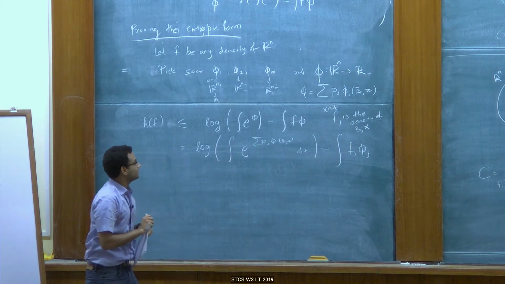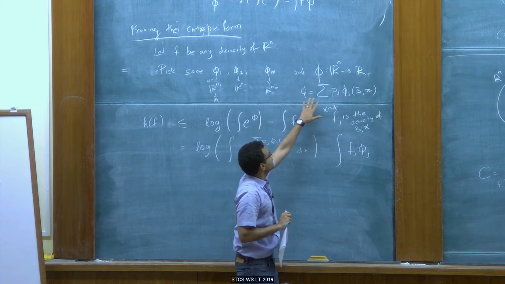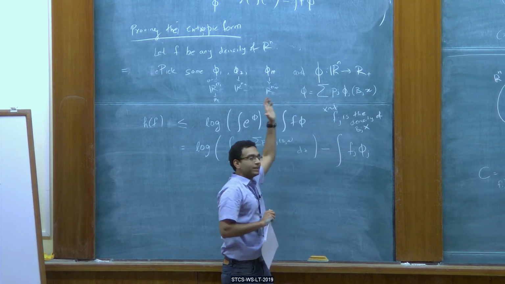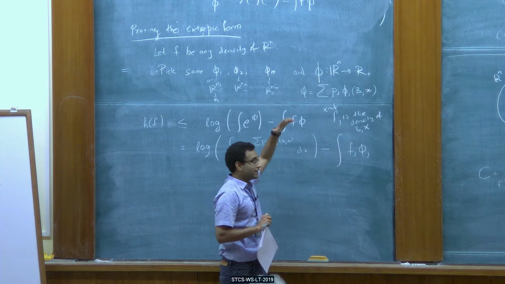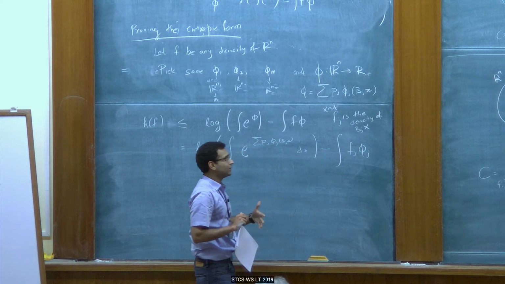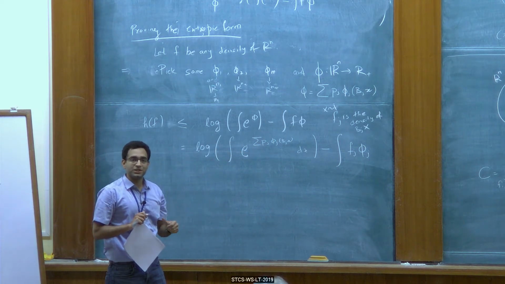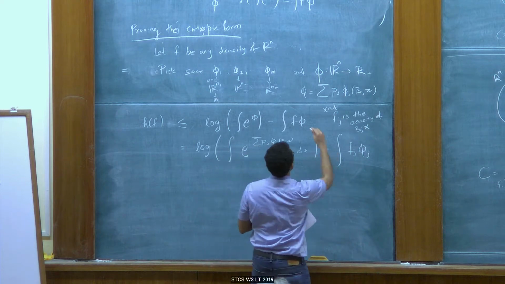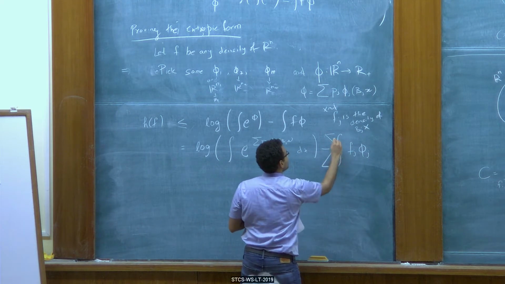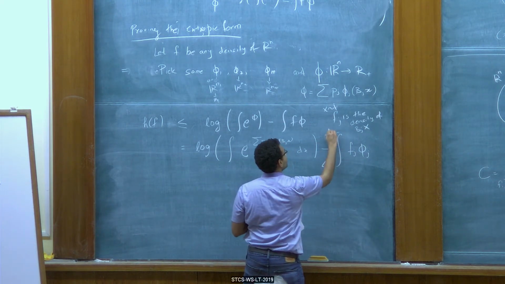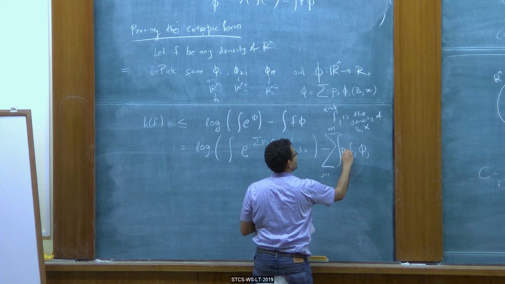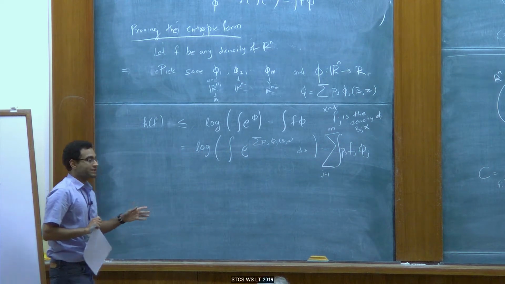There's nothing really fancy going on. We are just saying there is a sum going on here, and you're integrating over the original space of x over Rn. Might as well integrate over bj x, which is now your new integral, and this is a sum over j going from 1 to m, with the pj sitting here. So nothing fancy so far.